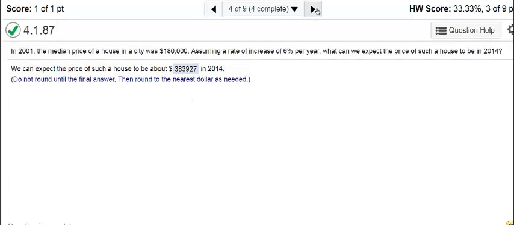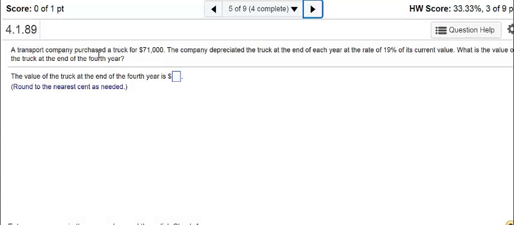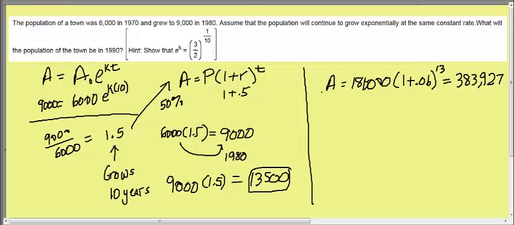Now, this leads us into the next one. Let's take a look at this. If you purchase a truck at $71,000 and the company's truck is depreciating at 19% of the current value, what is the value at the end of the 4th year? So they're all kind of the same. For this particular one, we've got our value of the truck.